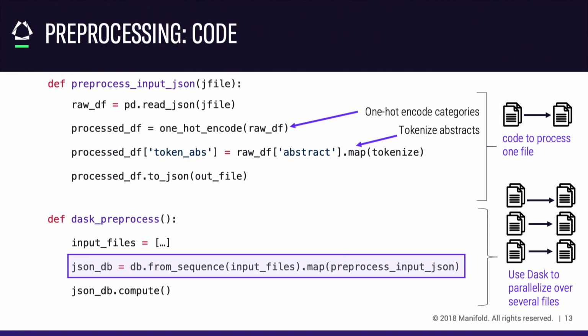And then, again, we use a similar functionality, but this is the Dask implementation of map, which just calls the pre-process input JSON function on every JSON file in our list of input files. Finally, once we're ready, we call .compute, and all of these files will be processed in parallel. So this Dask preprocess function reads in all of our JSON files, processes them, and writes them out in parallel.